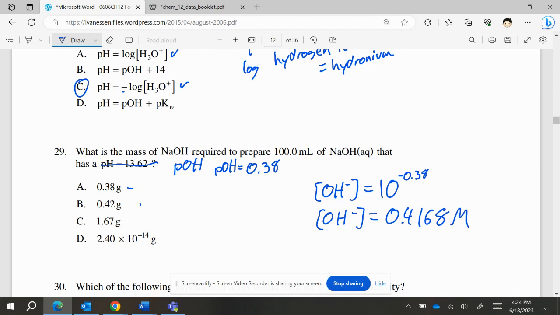Again, they throw that in as an answer in case you got that far. But that's not it, because we want mass. We're looking for grams.